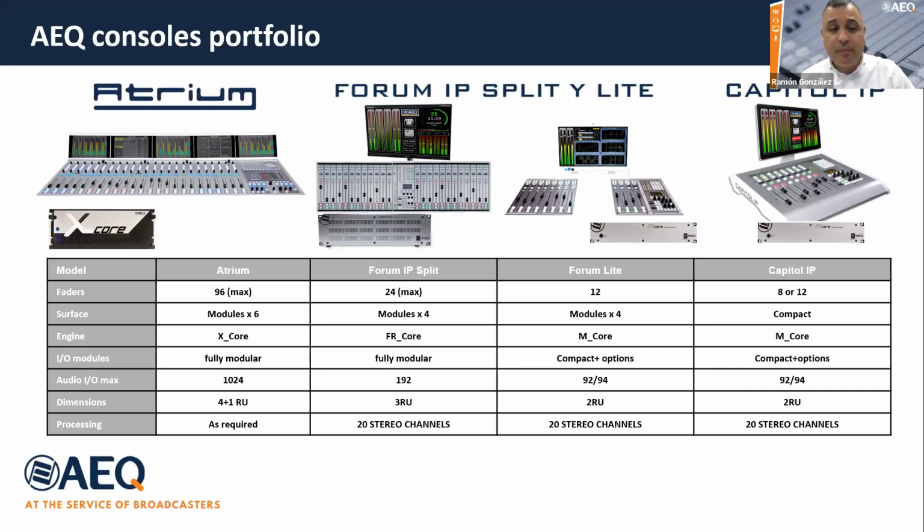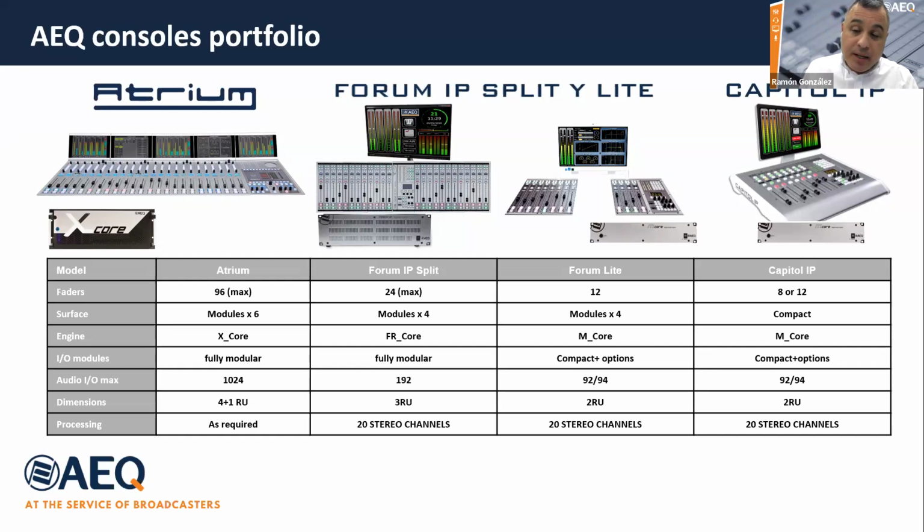You will see later on. The M Core engine has up to 92 inputs and 94 outputs in summary for all protocols, only 2 RU, and a capacity to process up to 20 stereo channels simultaneously.